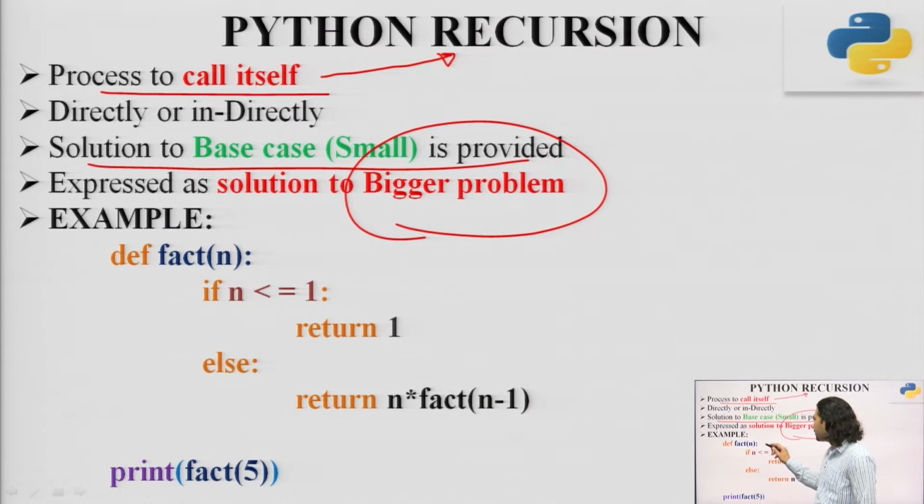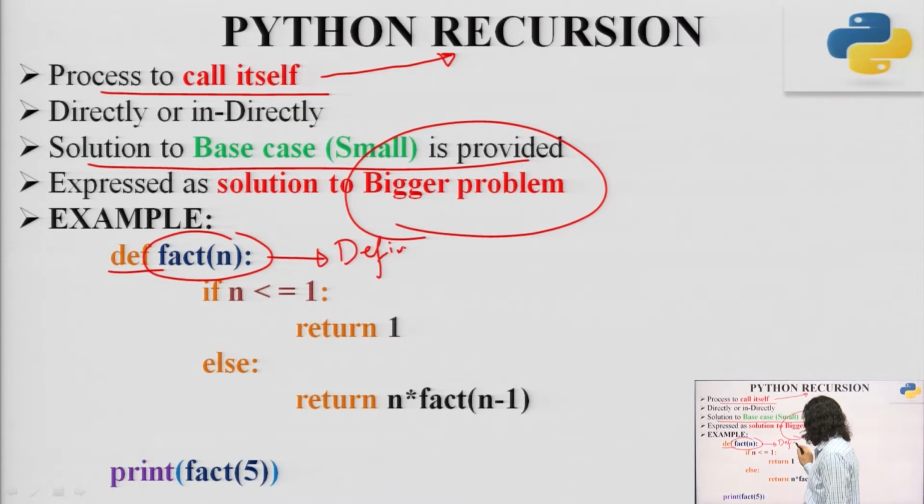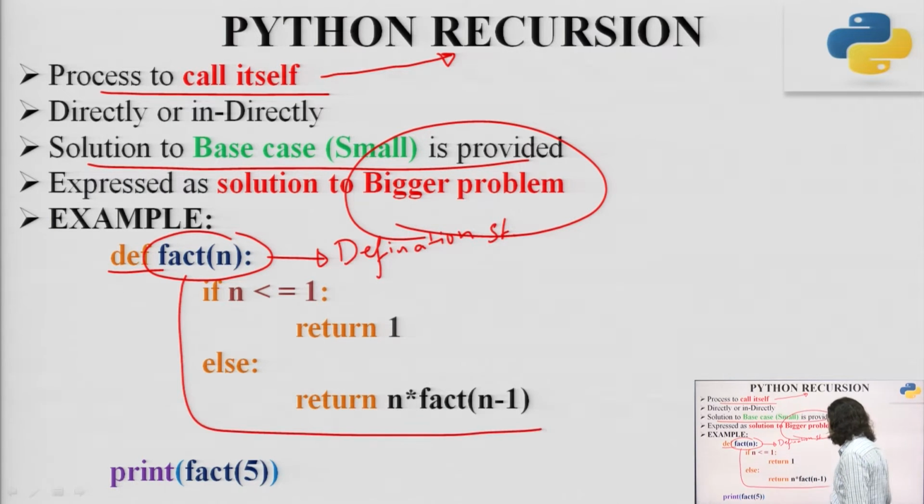Now, look at the example. Here we have created the factorial function. The def is the definition, that means it is a function definition statement. And the next is the body of the function.